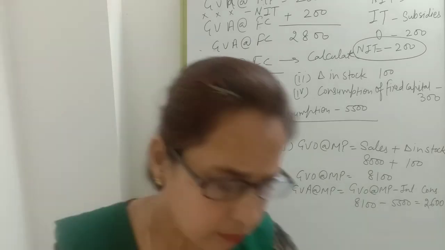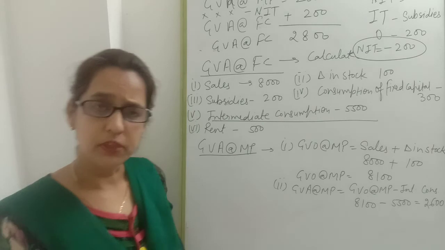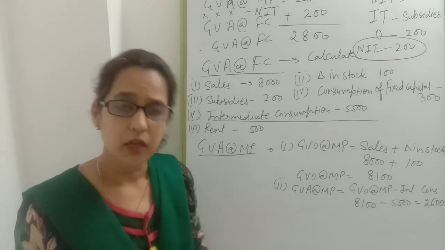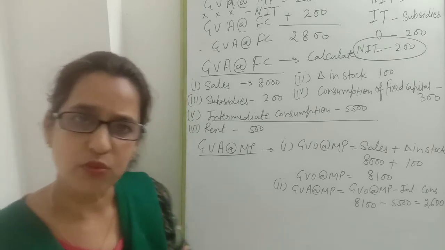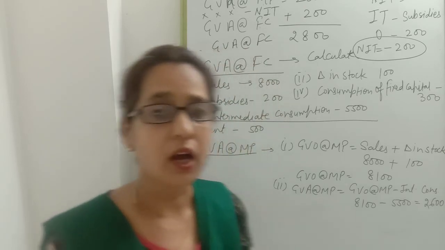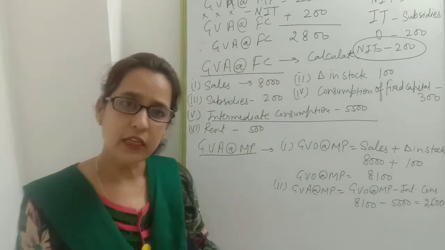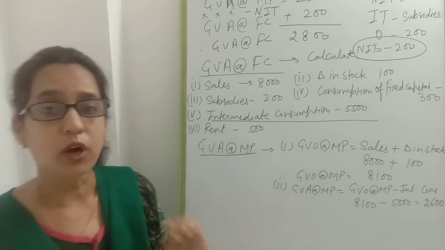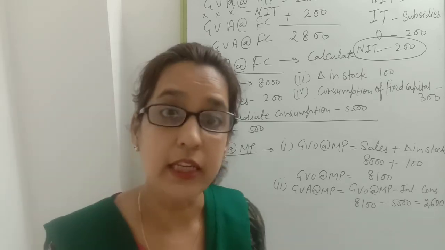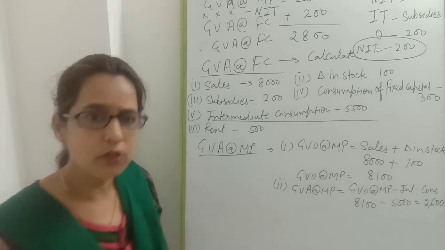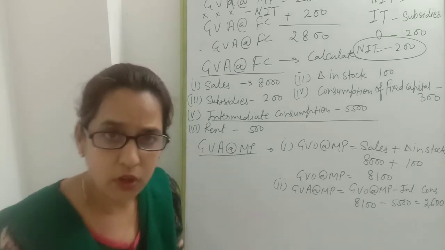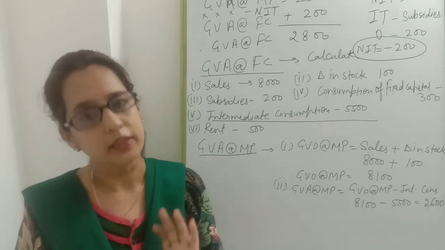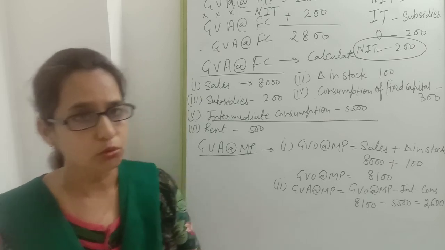Now till now we have completed three of the methods, but there are various types of questions in your book. I suggest you follow these steps, as I told you, so that you get your answer easily. If you look at the solution in your book, definitely you are going to get stuck. So don't go through your book.